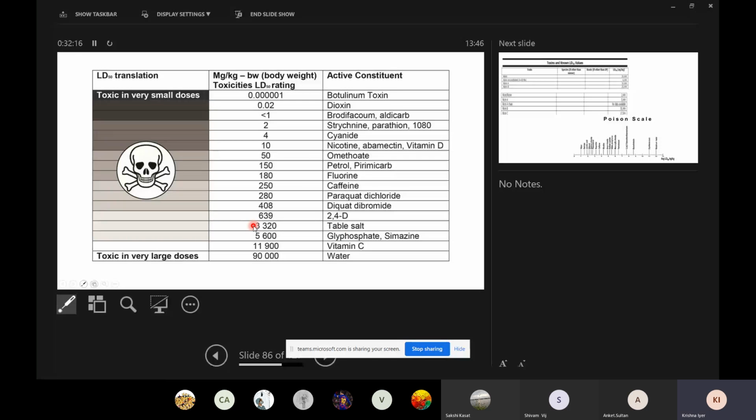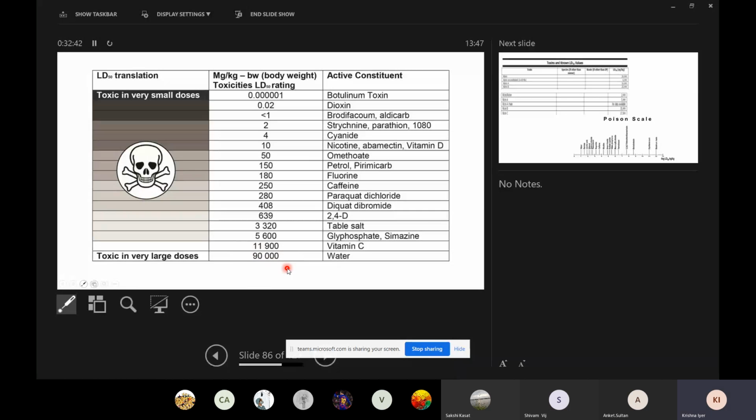So if you're a 70 kg person, and I give you 250 grams of salt and tell you to swallow it immediately, I can kill you with that. In fact, I can even kill you with water. If I give you 90 grams of water per kilogram, assuming a density of 1, and I tell you to drink that much water in one go, I can kill you.